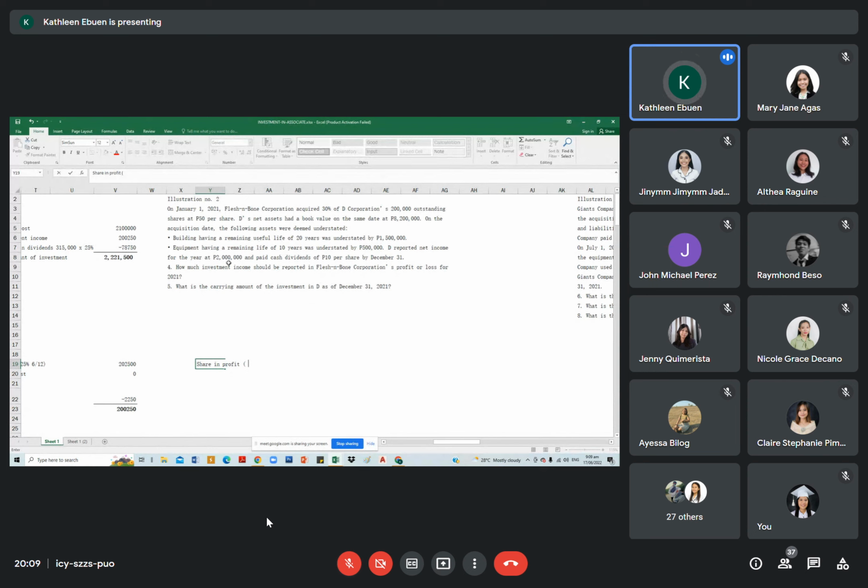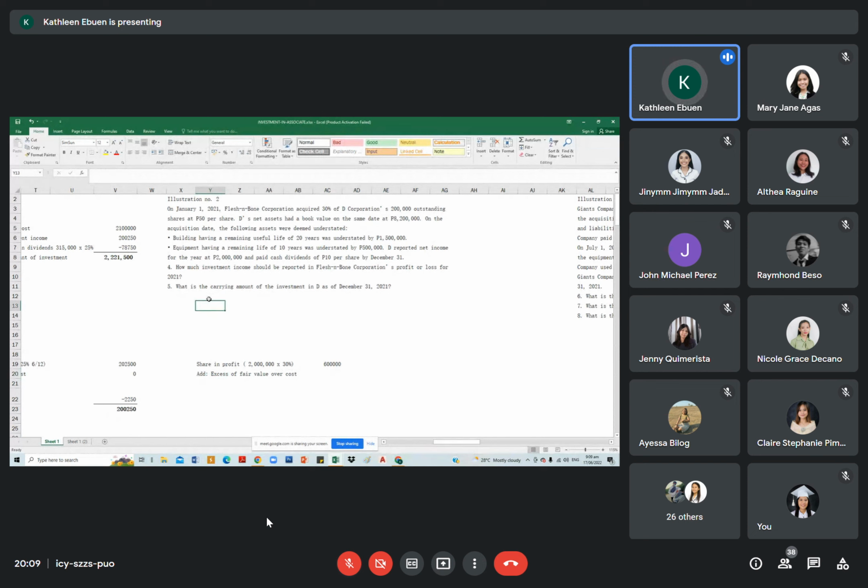We have 2 million. Magkano yung pinopurchase natin? Only 30%. Magkano yan, class? 600,000 po. And then, we will add the excess of fair value over cost. Titingnan natin, class, kung meron.